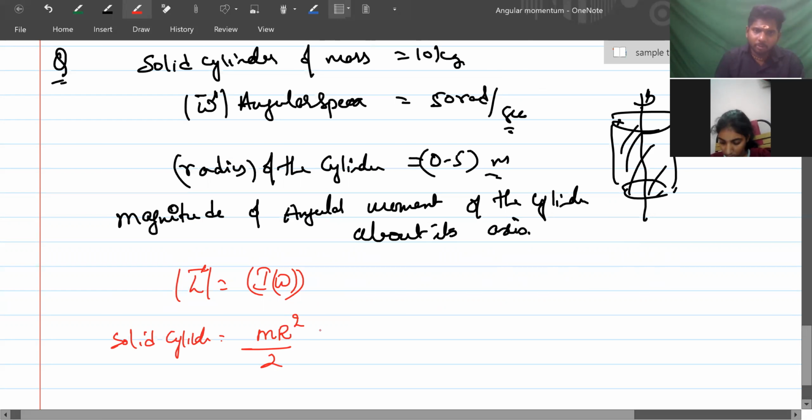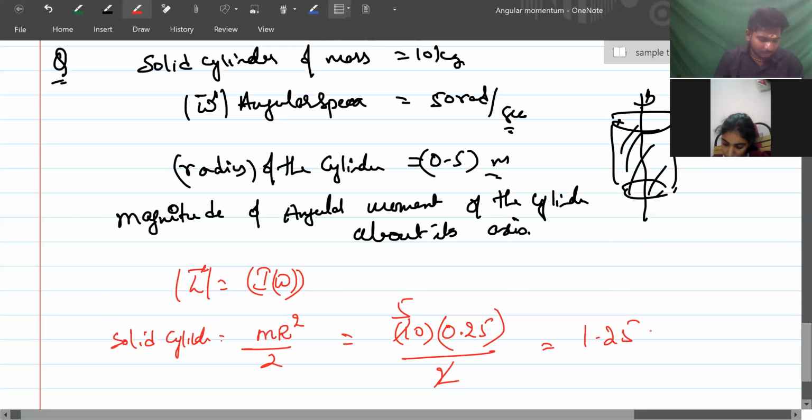So mr square by 2, m is 10 kg, r is 0.5, 0.5 whole square is 0.25. So that is 1.25, the moment of inertia.